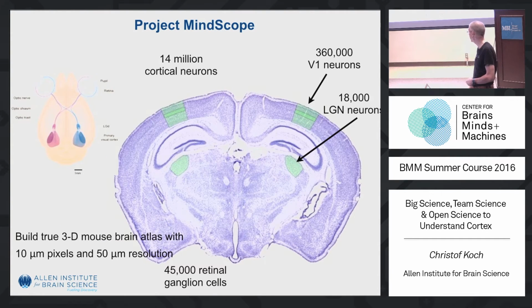This is the visual system: 45,000 retinal ganglion cells, rather than 1 million, projecting to 20 targets. A small subset, on the order of 20,000, project to the LGN. There are 18,000 LGN cells and 1/3 of a million in V1. Overall, there are 2 million in the visual system out of 14 million cortical neurons. And Lydia will mention more.